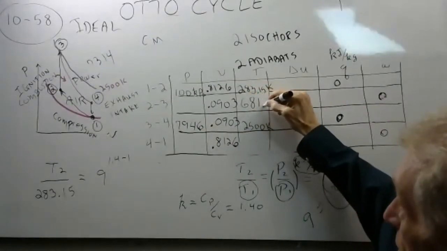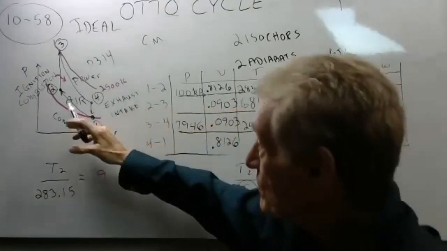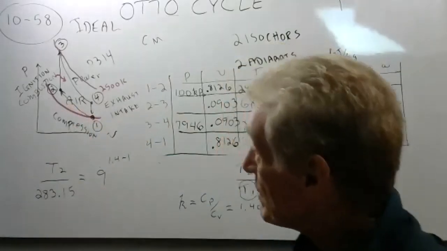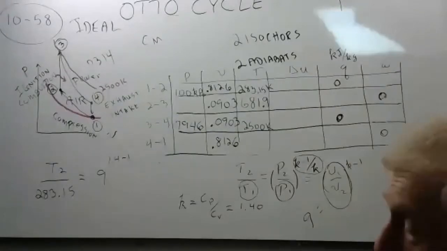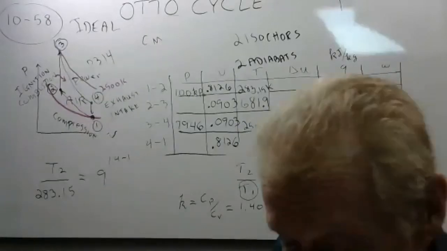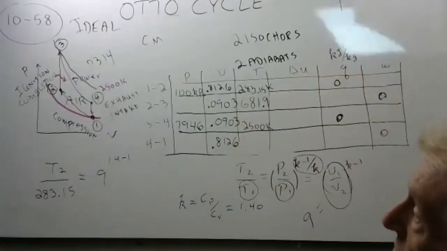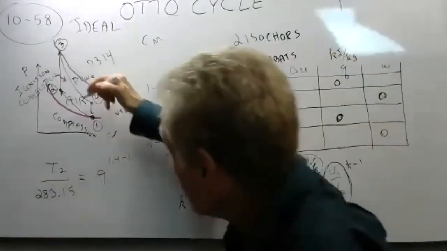681. Here, I'll round it off to 9. There we go. Hey, we just figured out the temperature here at state 2. That's good. Yeah.